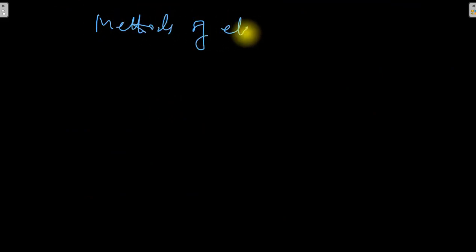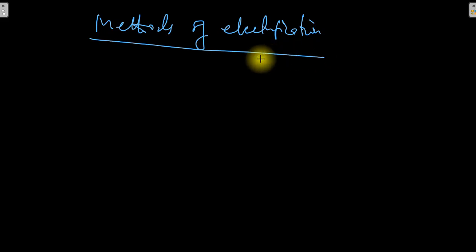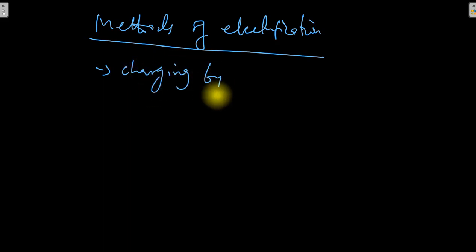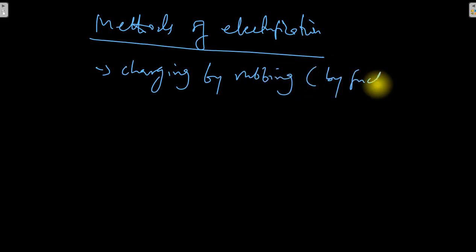So we have the methods of electrification that we'll be looking at. The first method is going to be charging by rubbing, sometimes called by friction.